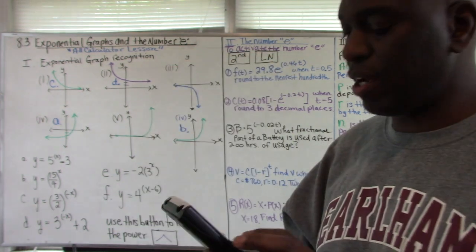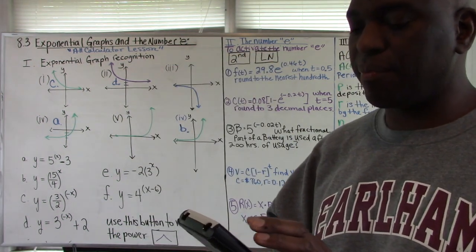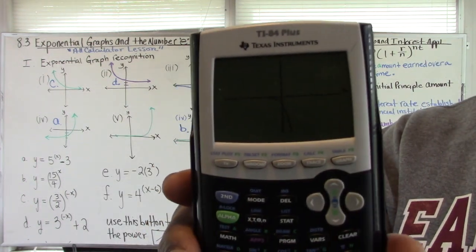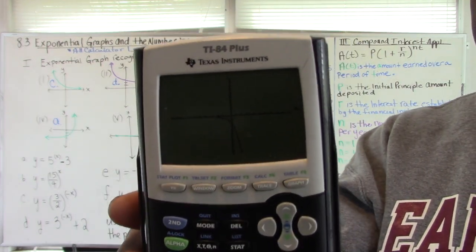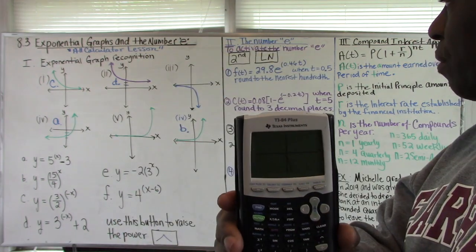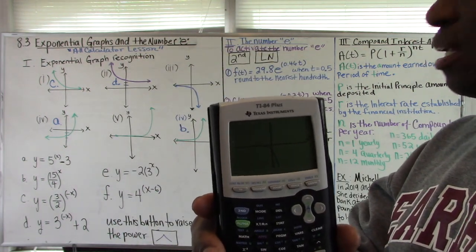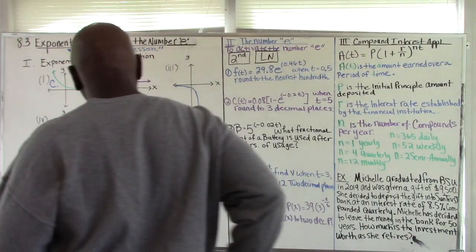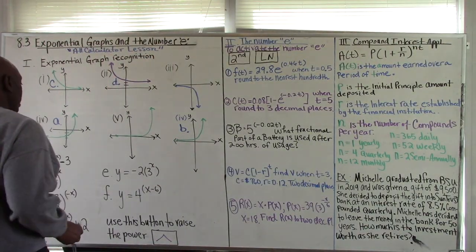All right, let's hit graph. And here's what the graph looks like. And that one appears to be number 3. So number 3 is E.